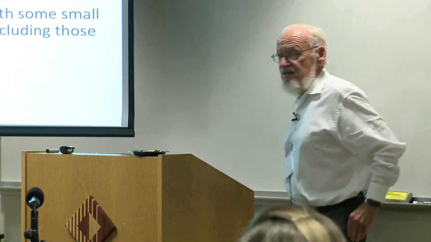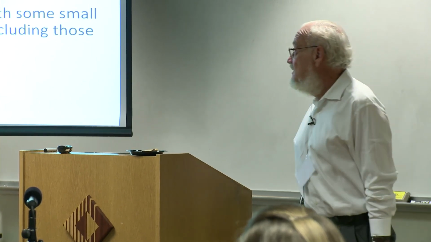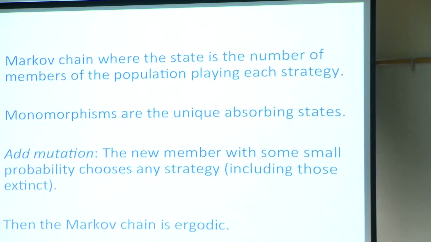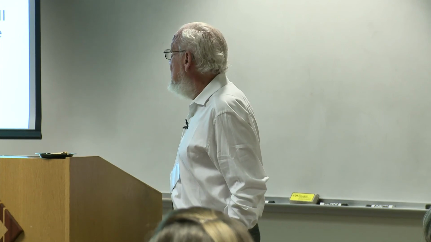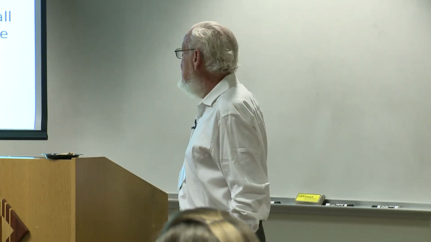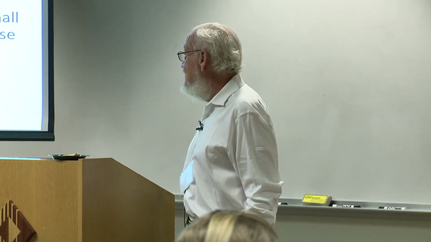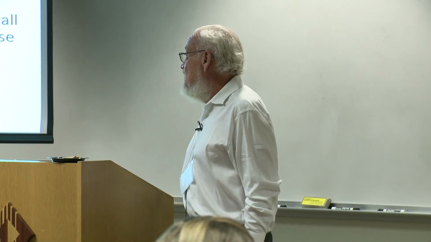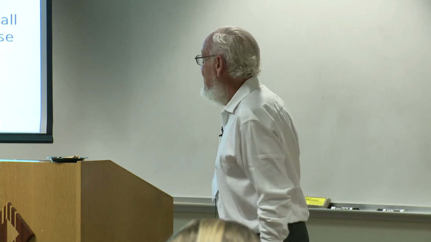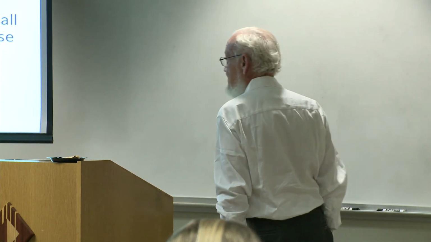What's the basic process like? Well, it's a Markov chain. The state of the Markov process is the number of members of the population playing each strategy. And monomorphisms of the population, where everybody plays the same strategy, are the unique absorbing states.